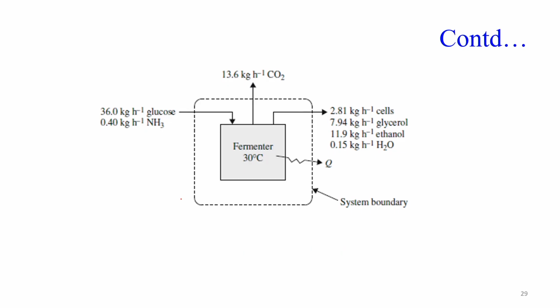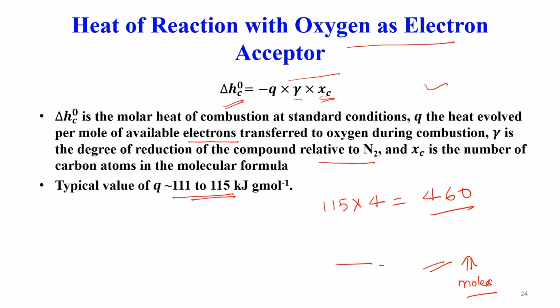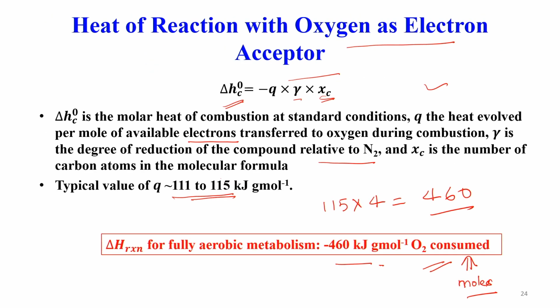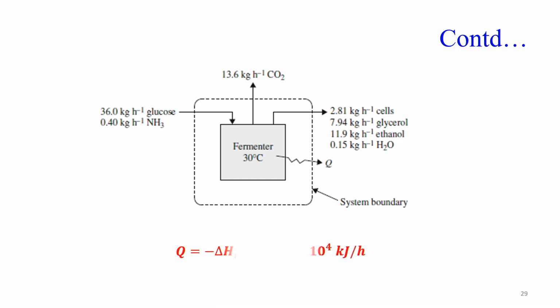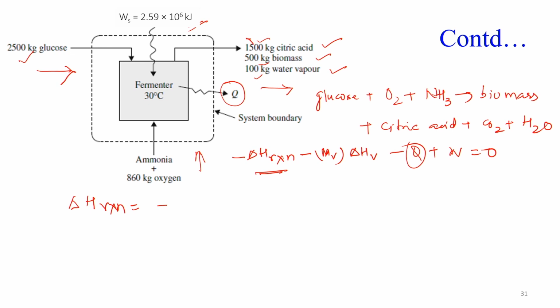If you remember the last discussion, for aerobic process you can use minus 460 kilojoule per mole of oxygen consumed. So, this will be directly equal to minus 460, and how much oxygen is consumed? 860 kg, you can convert into gram, divided by its molecular weight 32.